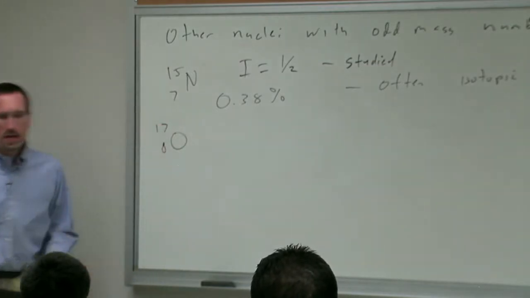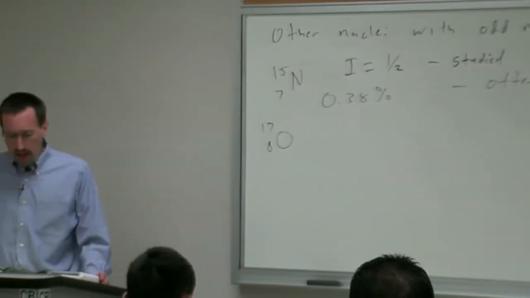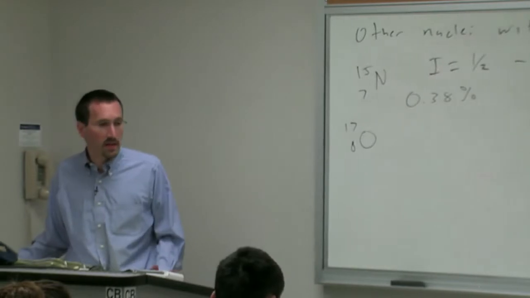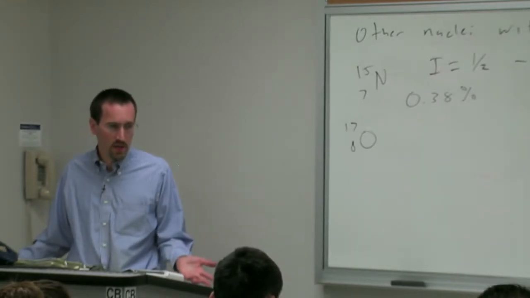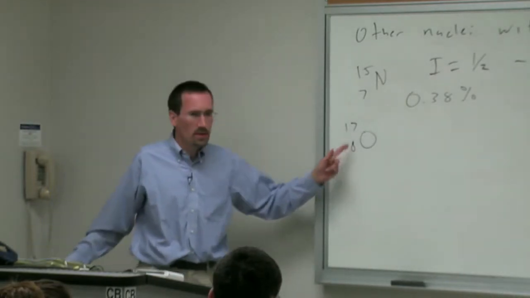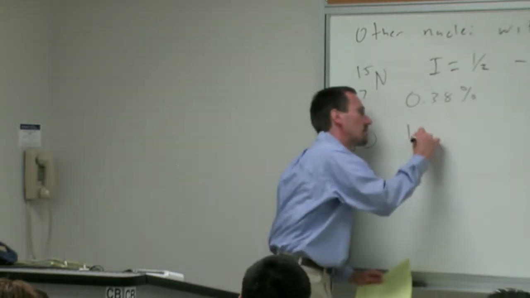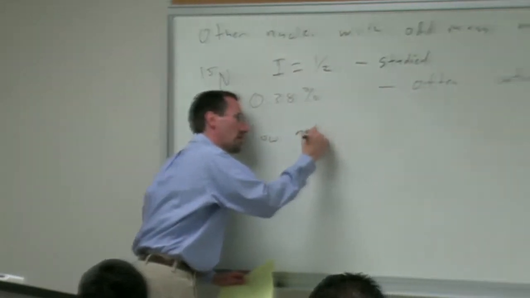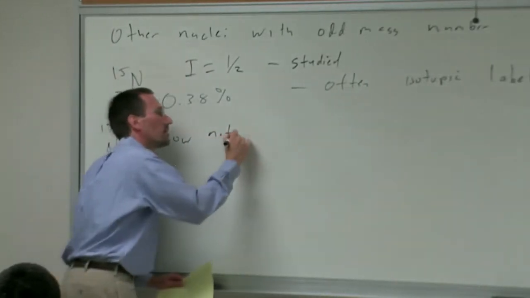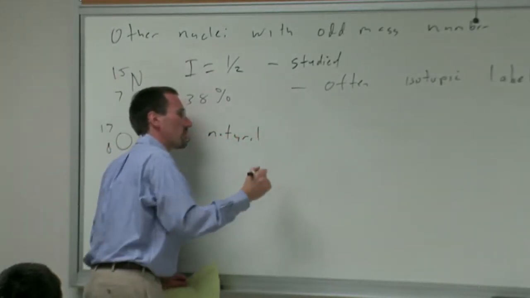All right, another nucleus is oxygen. O17, remember we said, is only very low natural abundance. It's only 0.04%.